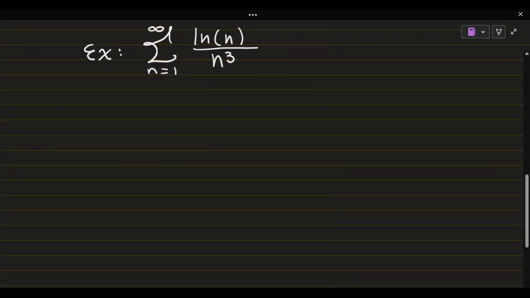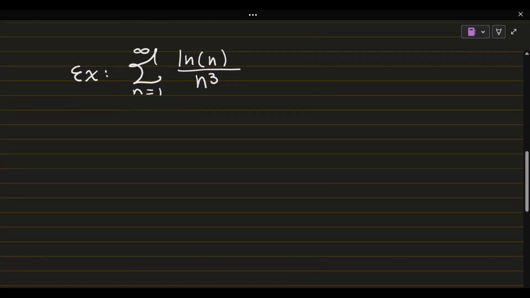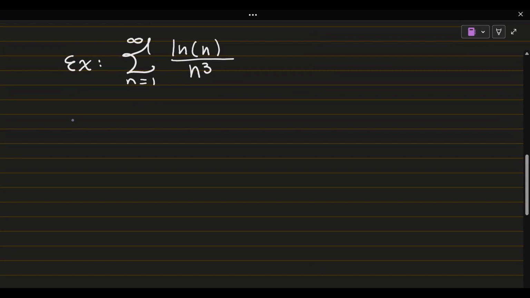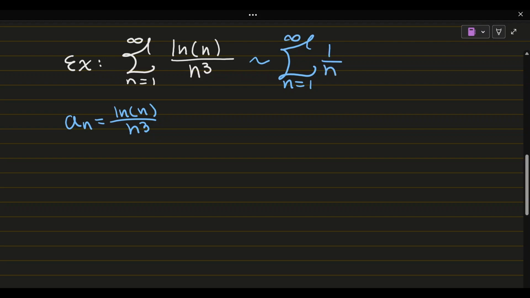Another example, the sum of ln of n over n cubed. Let's let a_n equal ln of n over n cubed. This kind of looks like the sum from n equals 1 to infinity of 1 over n cubed, or maybe we look at n over n cubed, because this is just 1 over n squared.